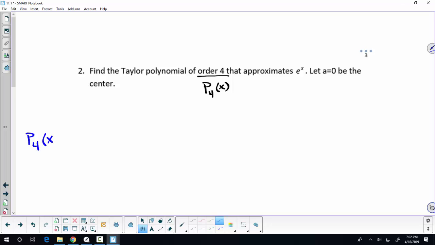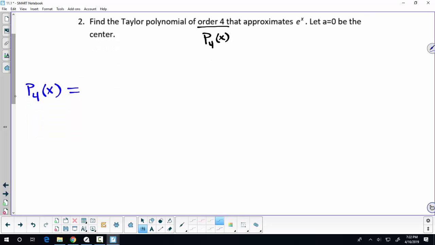So we see that in order to actually compute what this polynomial looks like, we have to find the first, second, third, and fourth derivatives. And then you have to evaluate your first, second, third, and fourth derivative, and even the function at a equals 0. Yeah, I'll write this right now.